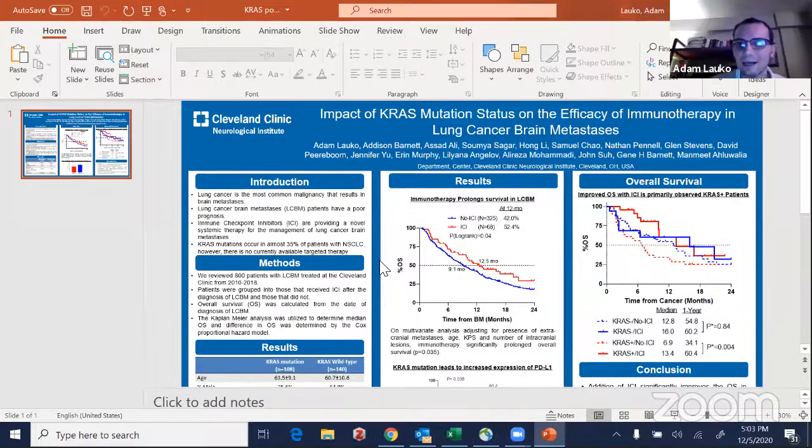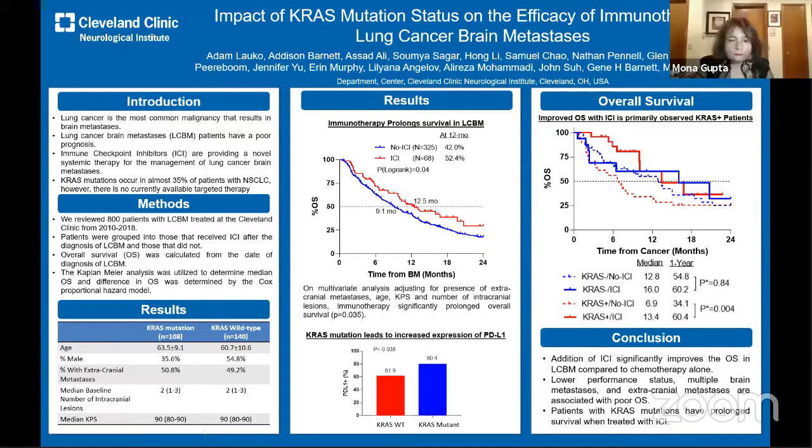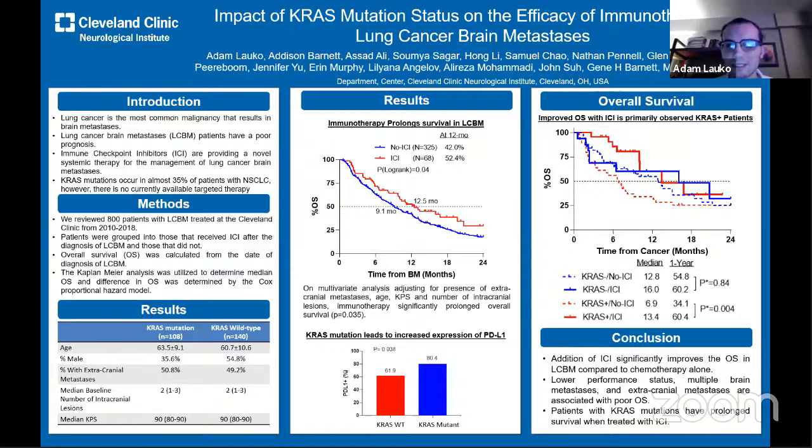I'm presenting on brain metastases and non-small cell lung cancer. Traditionally, there are very limited treatment options, as chemotherapy, because of the blood-brain barrier, doesn't reach the brain. So patients with brain metastases have a very poor prognosis.